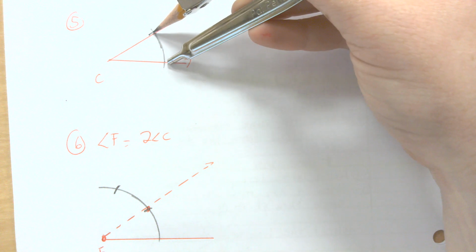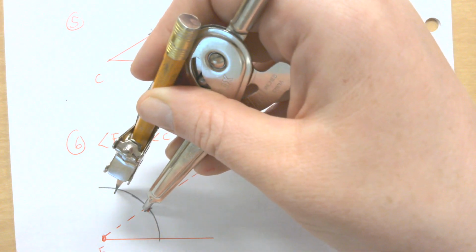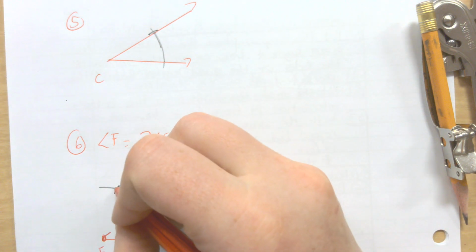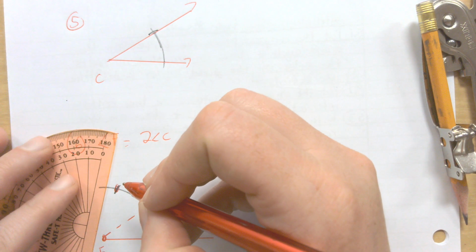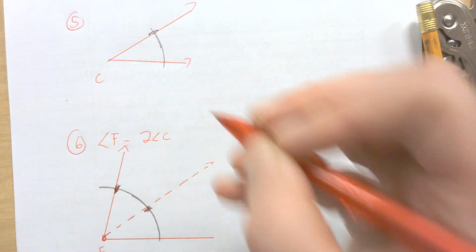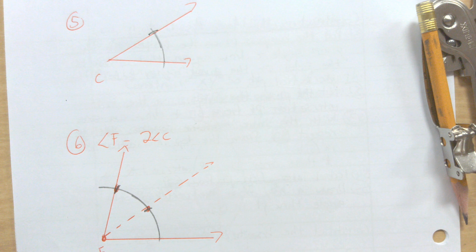So we measured here and copied it down here. Then you make those intersections a point, and we draw a ray from F through that point, and now angle F is 2 times angle C.